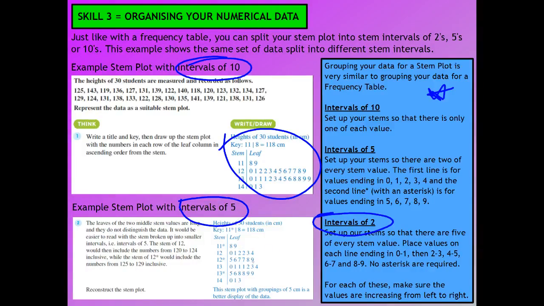You'll notice that with the line ending in 5 to 9, you need to put a little asterisk next to the stem number, and that just shows that you've split it in half. And the asterisk always goes with the line ending in 5 to 9. All of this interval information is exactly the same as what we just went through with the frequency tables.